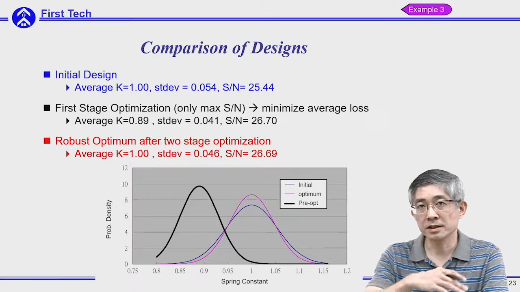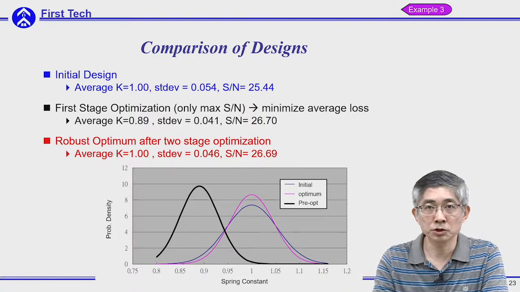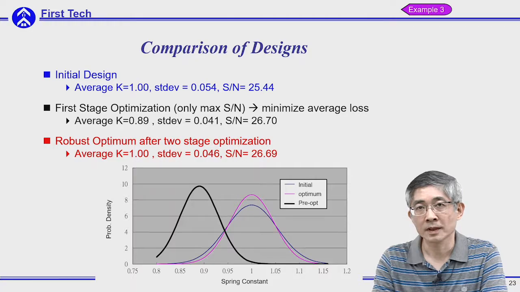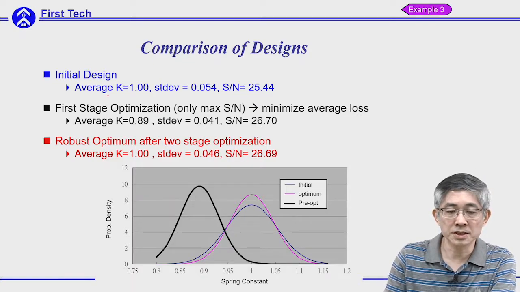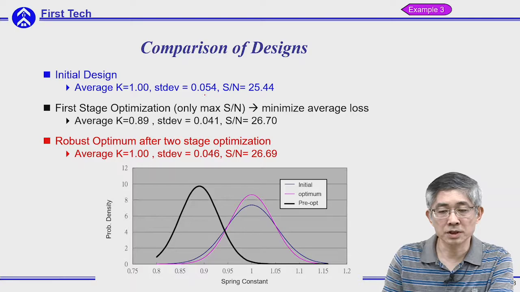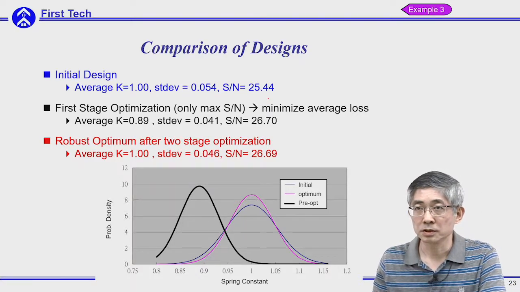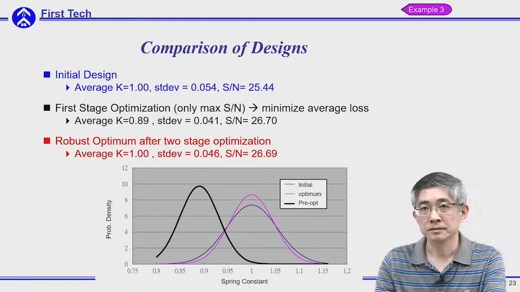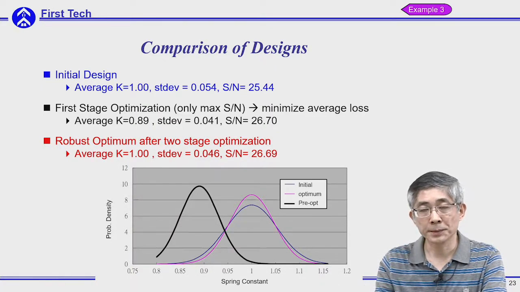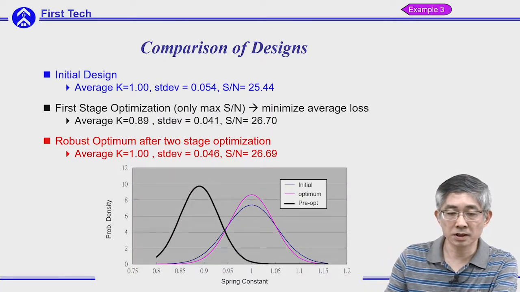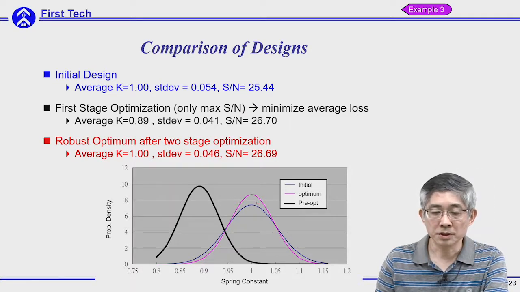We are using distribution curves to show the improvement. Assume there are normal distributions in this design case. As you can see, the initial design has K equal to 1 with a standard deviation and SN ratio of 25.44. We can draw the probability density function for the initial design, which is the blue distribution here.